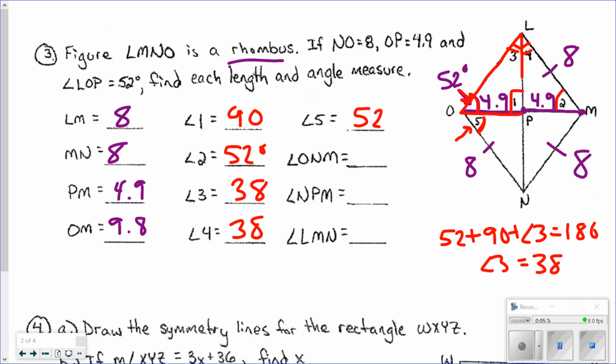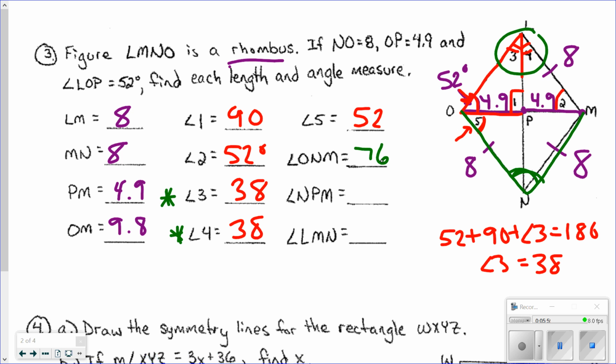So I'm trying to figure out angle N. Well, the opposite angle of angle N is angles 3 and 4. Well, angle 3 is 38, angle 4 is 38. So if I add those together, I end up getting 76, and that's the measure of angle ONM.